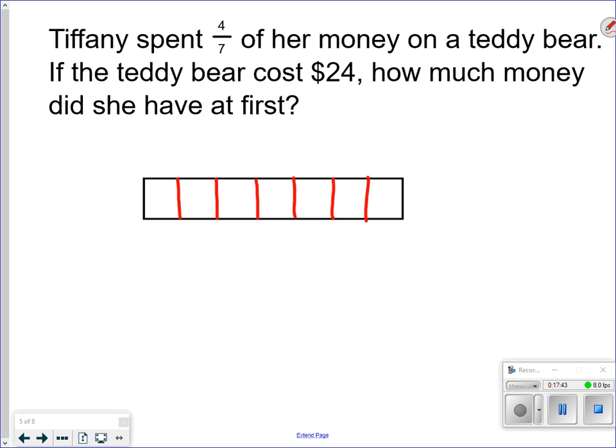So 1, 2, 3, 4/7 of that she spent on a teddy bear. I'm doing everything that's in the problem. All I'm doing is reading it and writing it. So this was a teddy bear. I'm just labeling it.